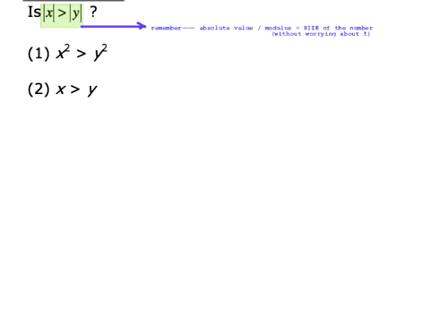So minus 14 and plus 14 are the same size. What this means is that the question is asking whether the size of x is bigger than the size of y.